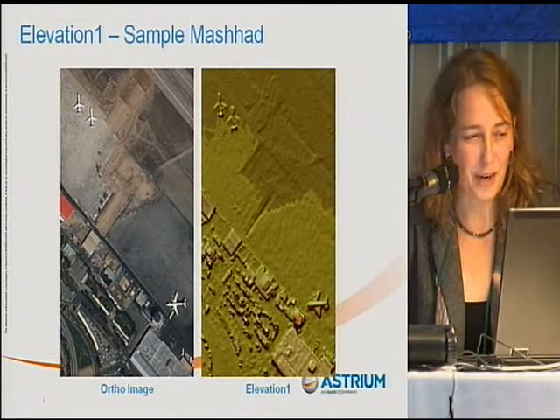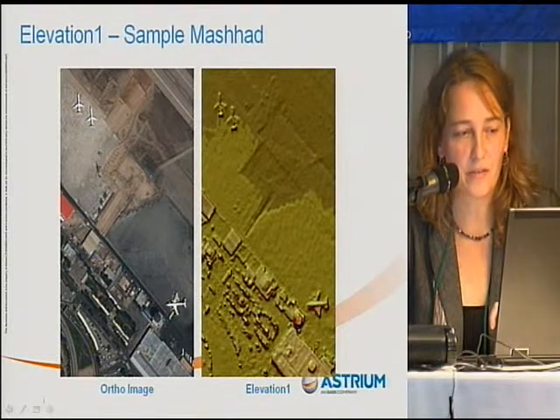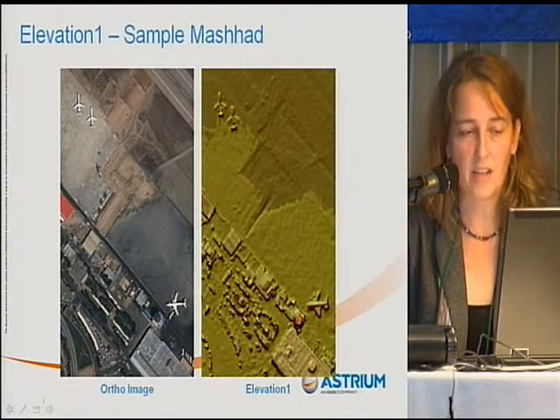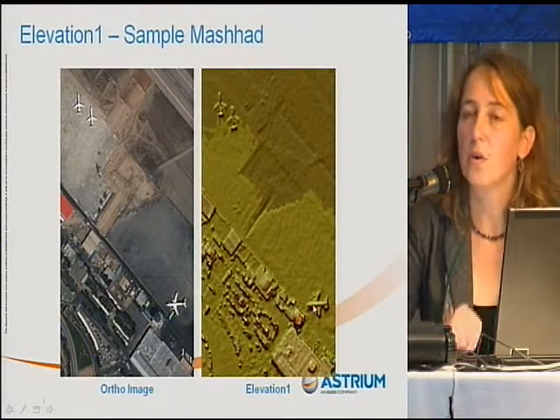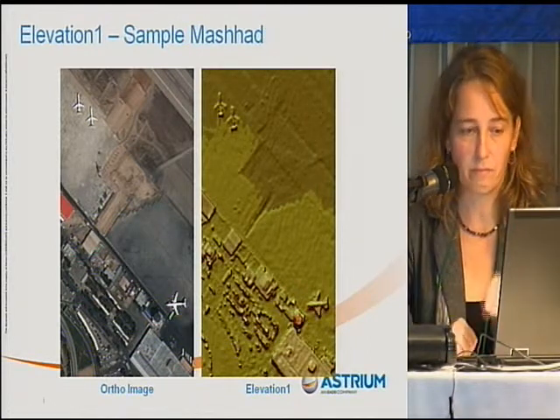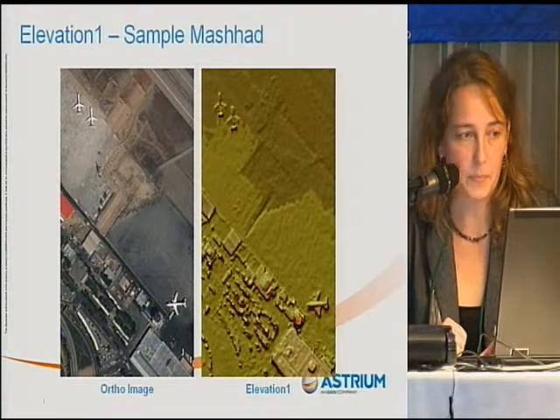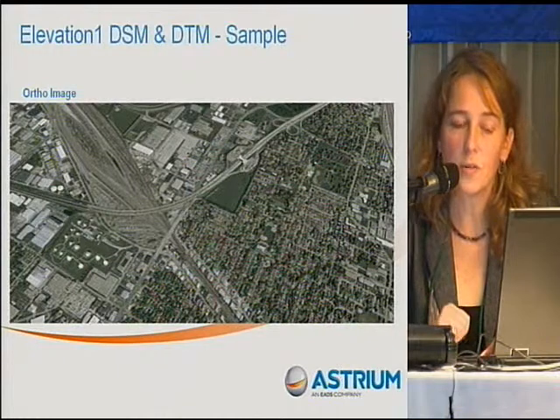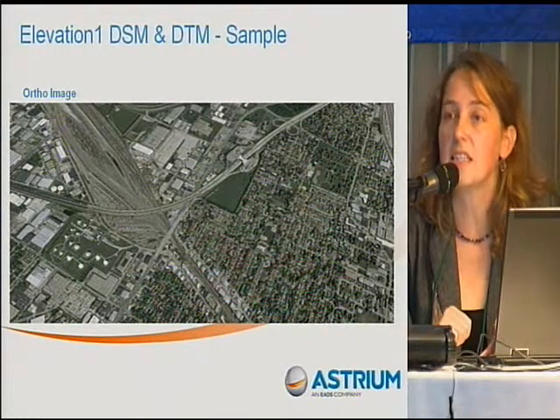And just for fun, let's zoom into these aircraft here. You can see exactly the shape of the aircraft, and also know the type of the aircraft if you have additional information or are an expert in that. This is our Elevation 1 product. What we are also going to offer in the future is a DTM.